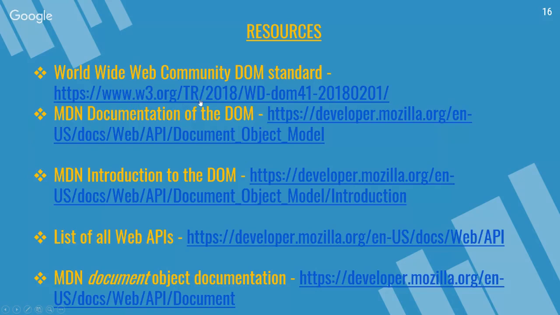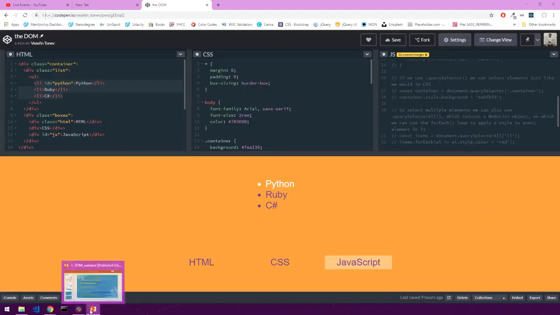After that, we have the MDN documentation of the DOM here. I suggest you take a look at this one because it really explains in depth what the DOM is, and it's pretty easy to understand. This one is an article of MDN again, the third one, which is again really comprehensive and easy to use.